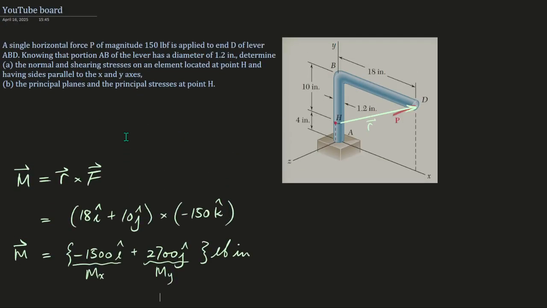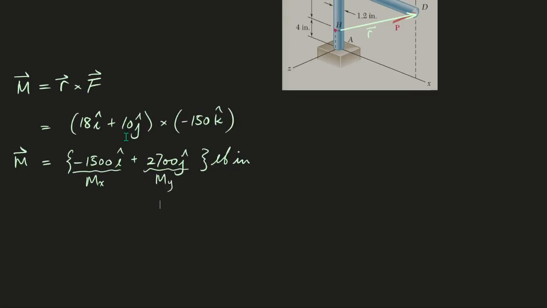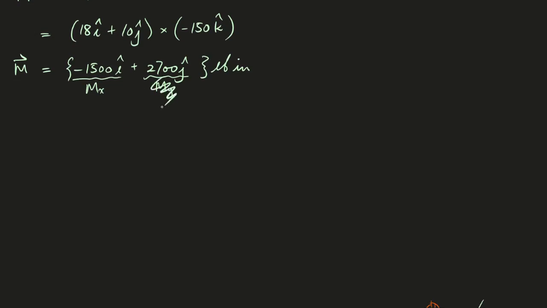That's actually a torque because you look at H, it stands tall along the y direction, and if you twist in that direction, it's a torque. So I'm not going to write M_y over there, I'm going to write T. I'm also just going to write M_x is equal to negative 1500 pound inch.